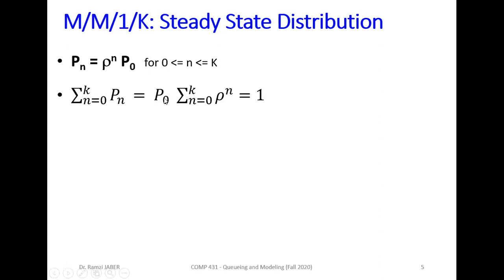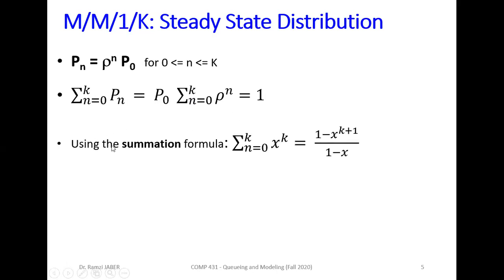So P0 times the summation from n equals 0 to K of rho to the n. Using the mathematical summation formula, the summation from 0 to K, not infinity, of x to the n equals 1 minus x to the power K plus 1 over 1 minus x. This is a given equation in mathematics. So we can solve for P0.